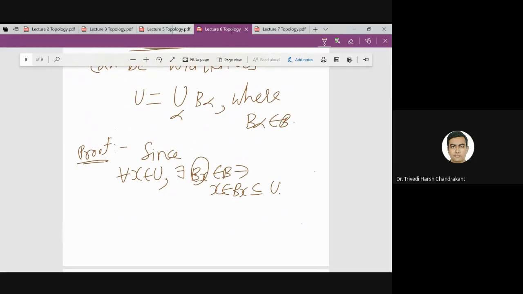And this is true for every x in U. Therefore, if I rewrite this again, this is singleton x contained in Bx contained in U for all x in U.